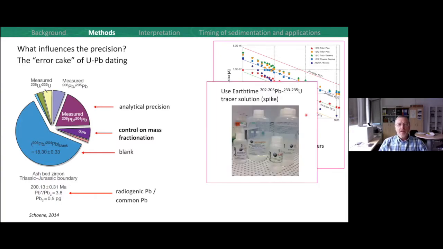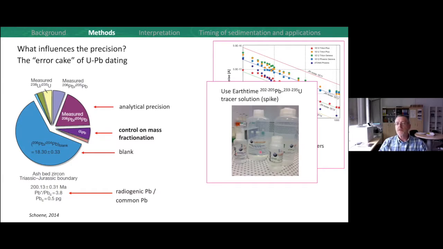And then the control on mass fractionation. So when we measure an isotope ratio on a mass spec, we are sure the mass spec is measuring wrong. Each mass spec has its own way of measuring a certain isotope ratio, and this is called source fractionation or fractionation in the analysis. And we have to overcome this by producing these tracer solutions we add to our sample.